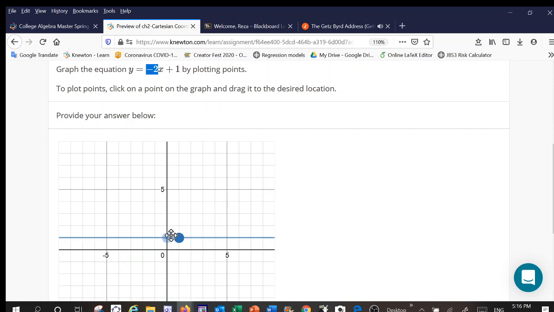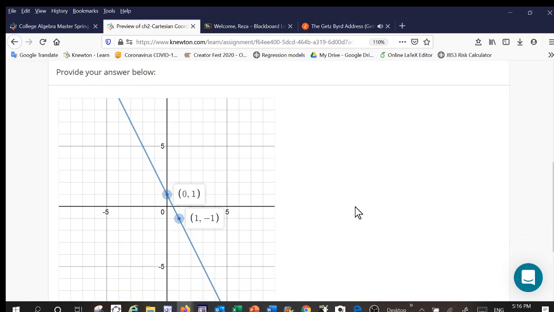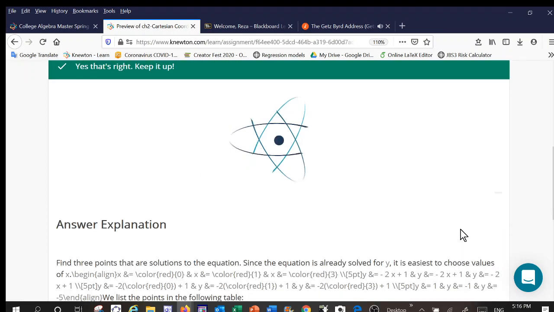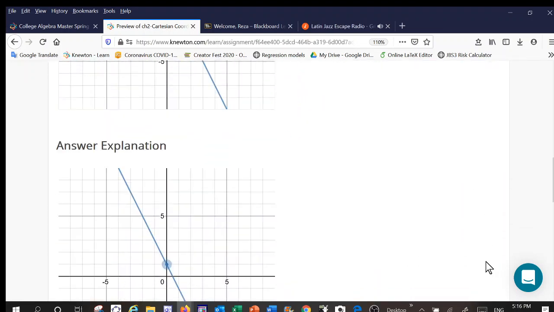So from here, if I go right 1, I have to go down 2. There. And if I click on these, you can see the coordinates. In other words, if I add 1 to 0, it becomes 1, I have to subtract 2 from 1. 1 minus 2 is negative 2. Okay? So that's the answer.